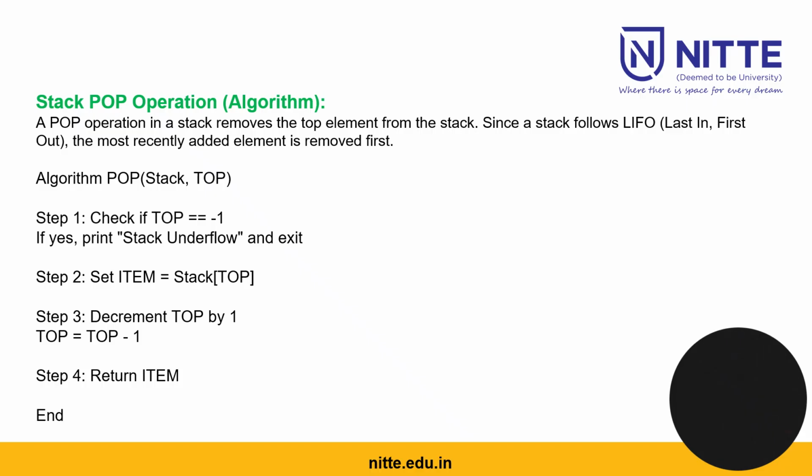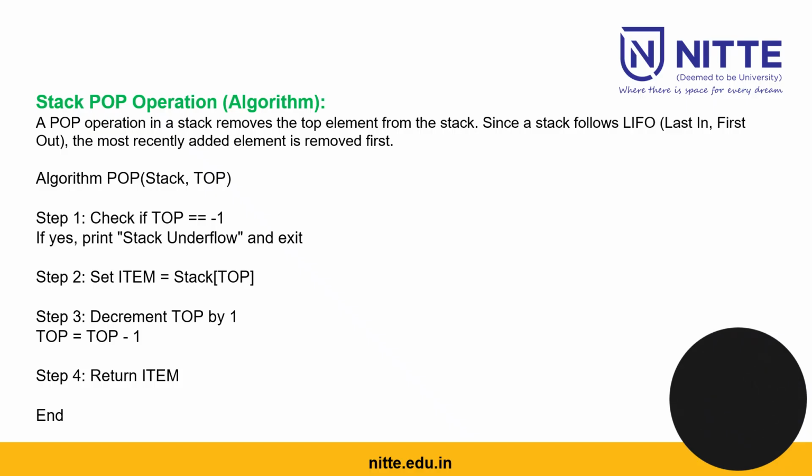So it will decrement top by value 1, and the new value that it gets after decrementing top by 1 will be taken as the new top. That means it will point to the new top.